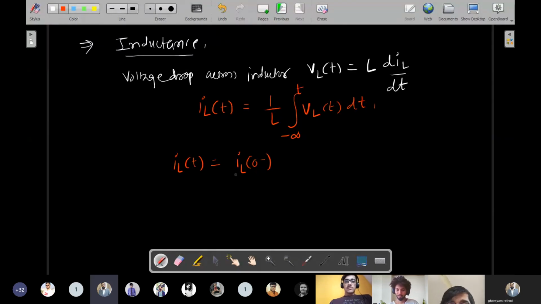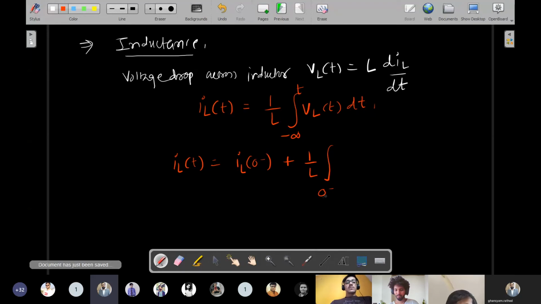That is added in the equation, so now time will start from 0 minus, just before the switch is closed.